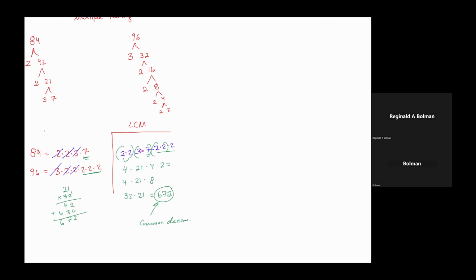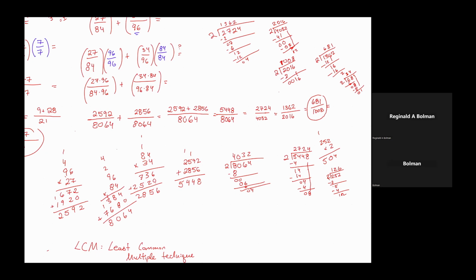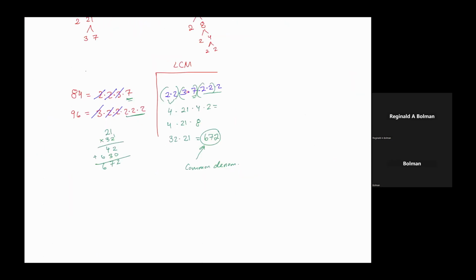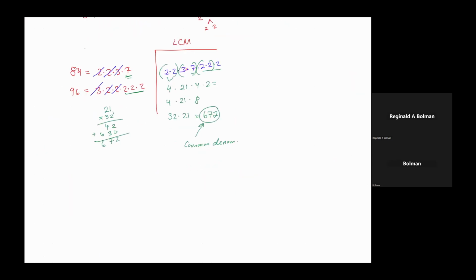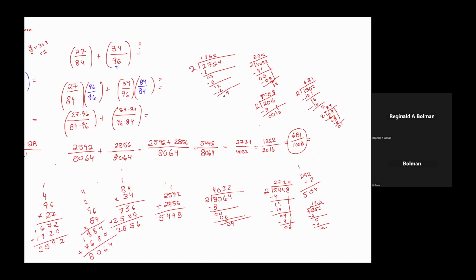Now, just because it's your goal doesn't mean you're going to get to it easily. So in this instance, what we're going to do is rewrite the two fractions that we're dealing with. We had 27 over 84. We're going to give ourselves some space, and we're adding this with the other fraction, 34 over 96.